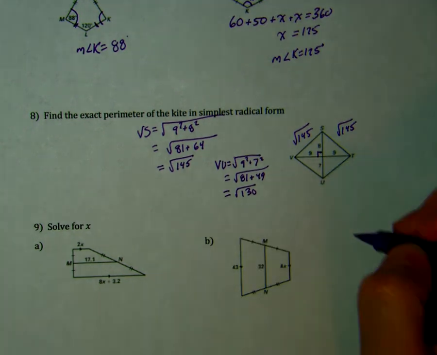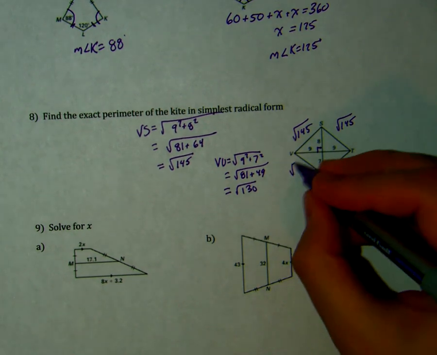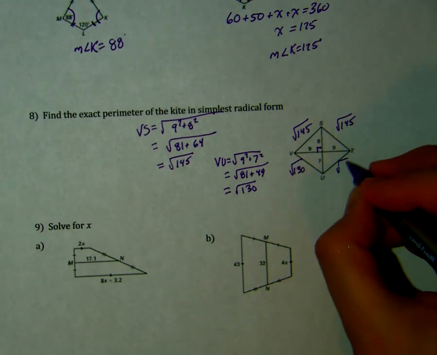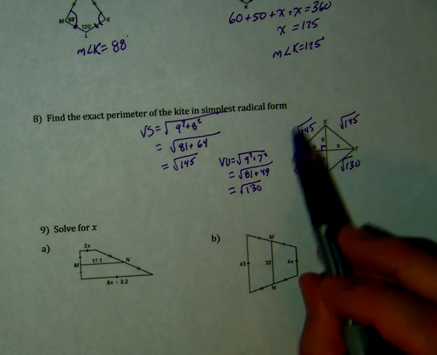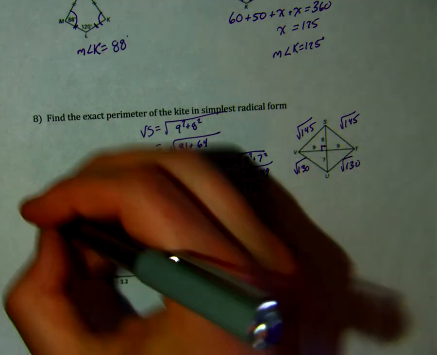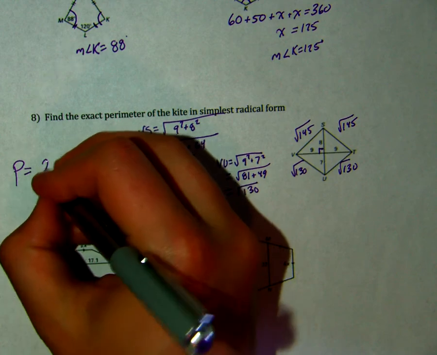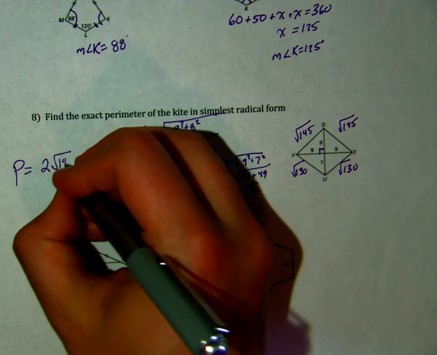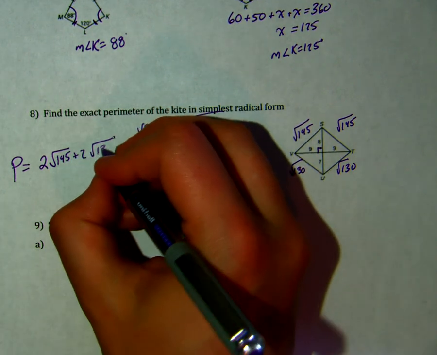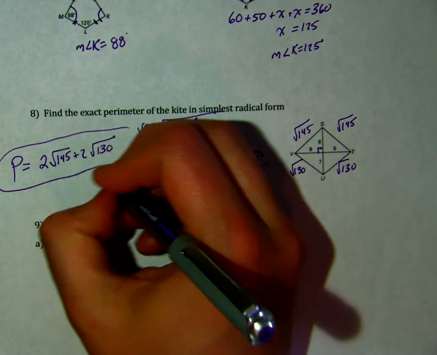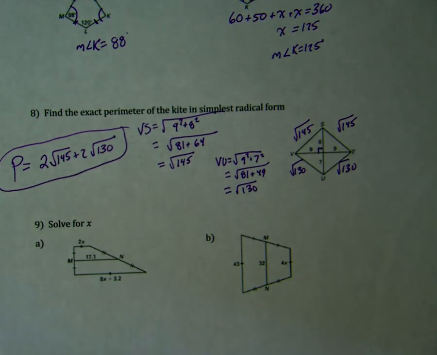So none of those are perfect squares either. So actually neither of these radicals can be simplified. And you can only add them if they're the same, so they actually can't be added together as well. So the perimeter here exactly is just 2 of these root 145s plus 2 of these root 130s. That's it. That's as simplified as it gets, believe it or not.